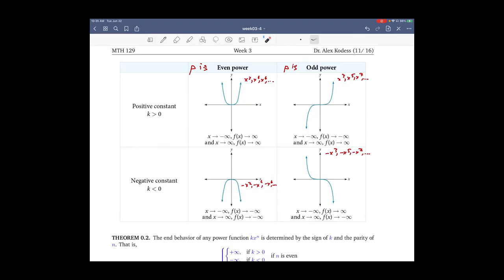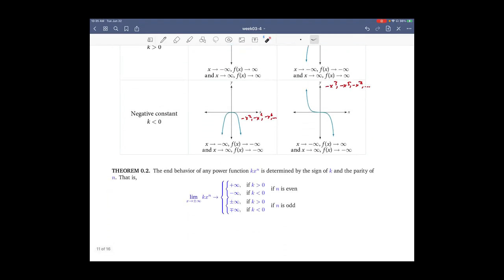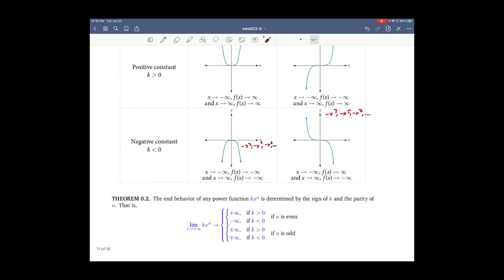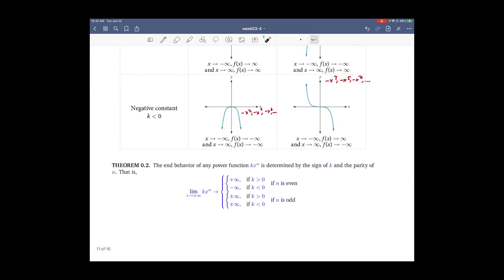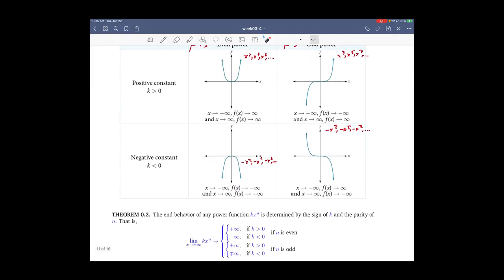Again, the fancy way of writing this is this. Limit of k times x to the power n. For some reason it's n now, not p, is either positive infinity in the case when k is positive and n is even, that's this situation, or negative infinity when n is even and k is negative, that's this situation.